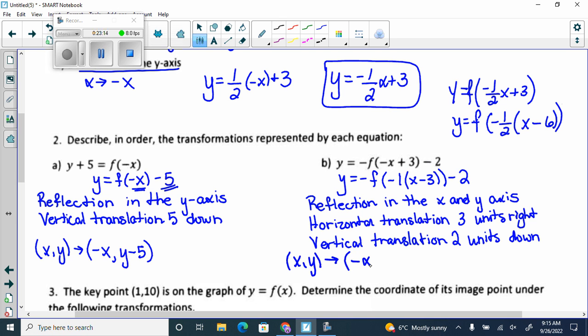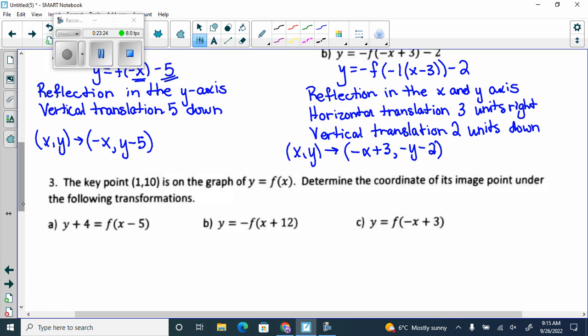The negative x plus 3, because you're moving 3 to the right, comma, negative y minus 2. Here we have the key point, 1,10 is on the graph to determine the image point, so we have to use mapping. So we're going to subtract our 4 over.